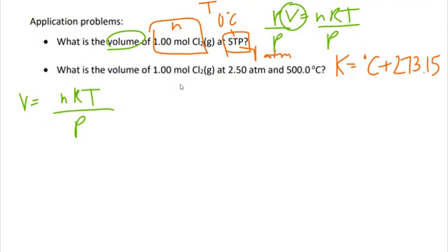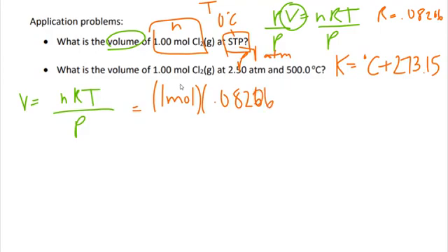So this is my pressure, and I have 1 mole, that's my n. My R, I'll write up here, remember, was 0.08206, with its units.